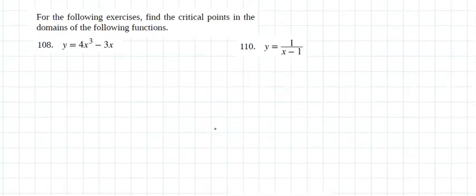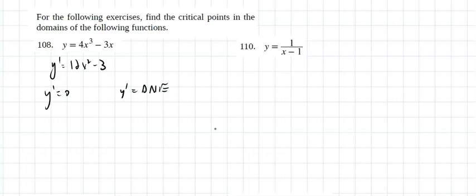Now we're going to do this on every problem. We're going to take a derivative, which is 12x squared minus 3. And we're going to check two things. Where does the derivative equal 0? Where does the derivative not exist? In this case, a polynomial exists everywhere, but where does it equal 0?